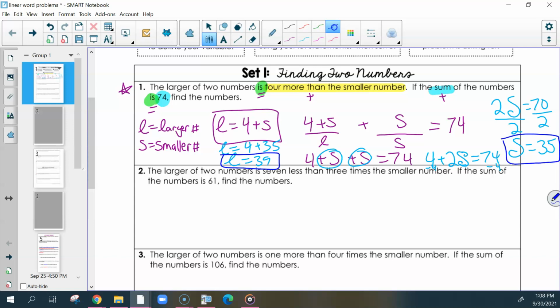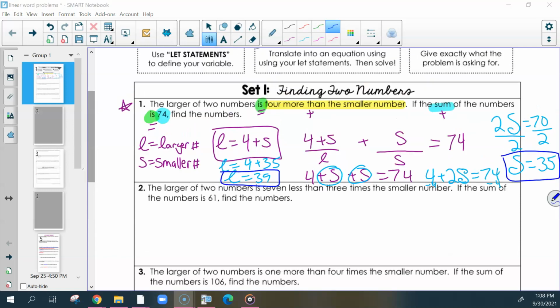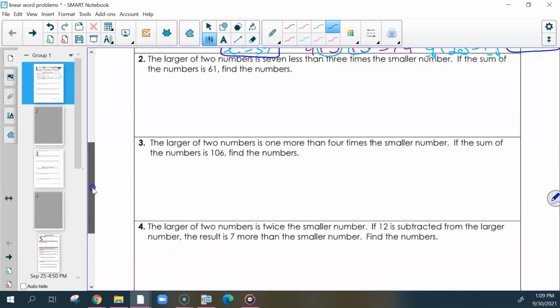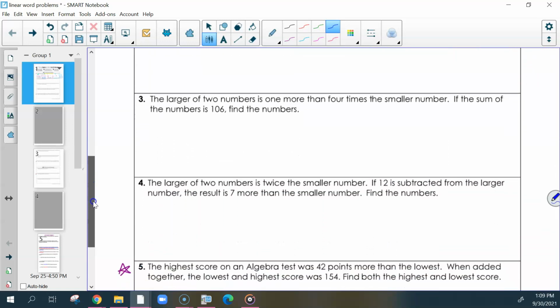These didn't really have units, but if I wanted to write it as a sentence, I could do that. Looking at example 2, it's really the same thing. It's just the setup is a little different for L. Same thing for 3.